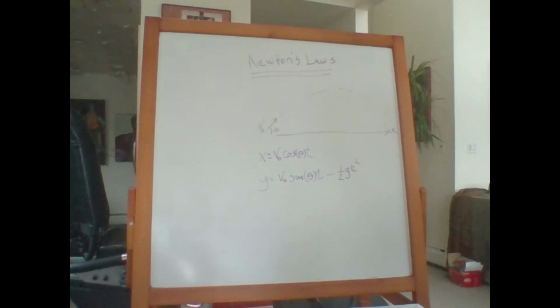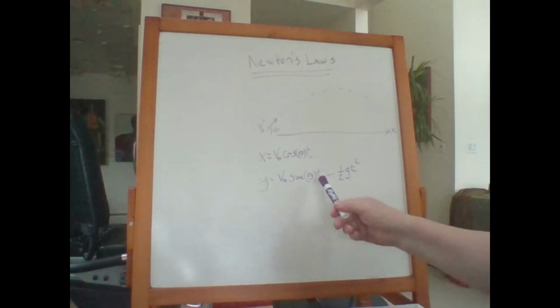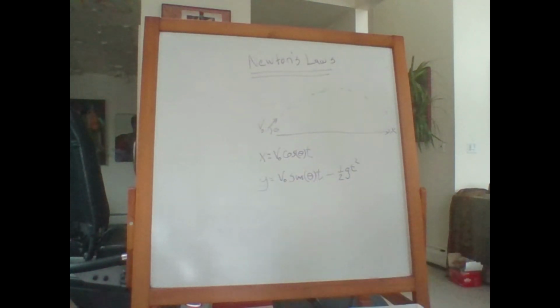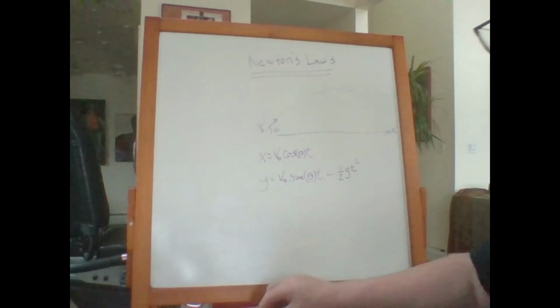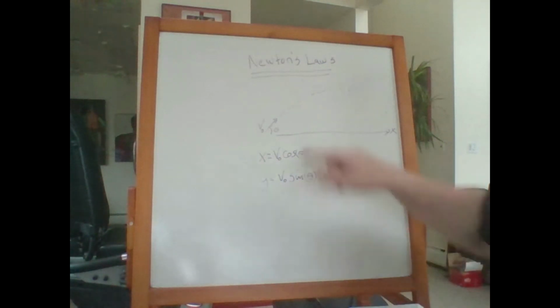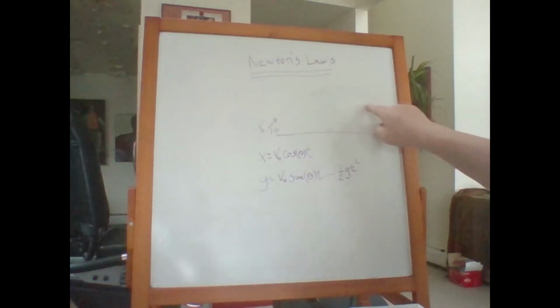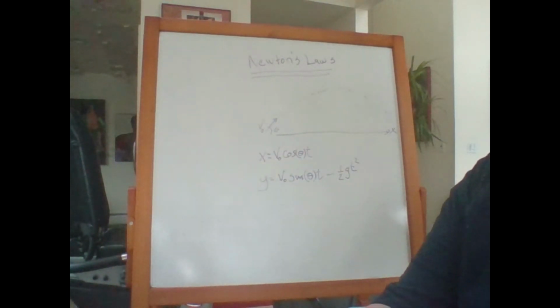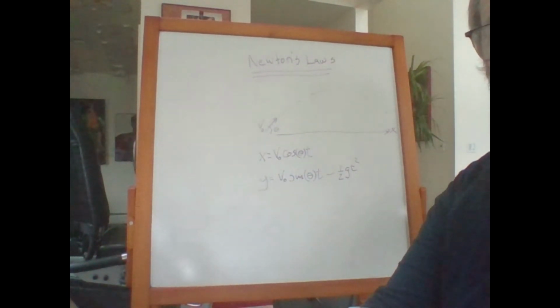So we want to know where in these curves their extrema are. We want to know how far it's gone, how high it's gone, and we're also going to look at the time in which the object is making its traverse through space. So let's take a look at these equations.